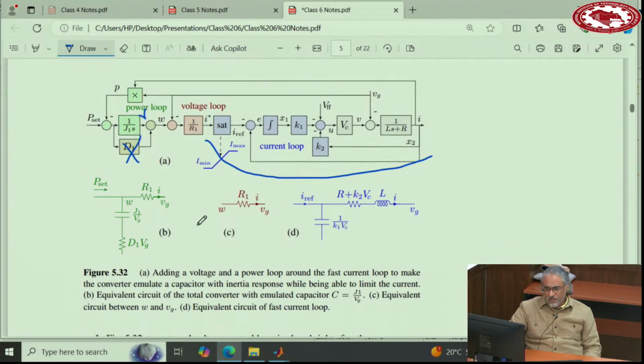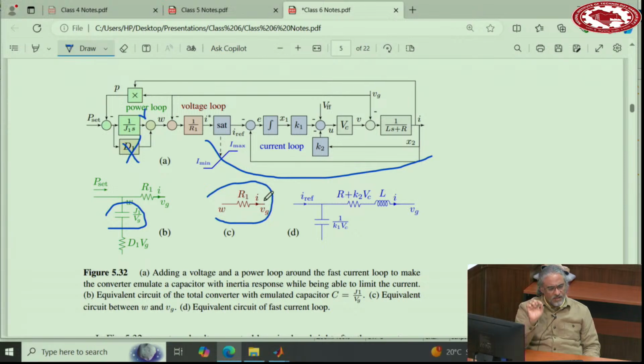So basically, if you look at the circuit representation of the same thing, and remember all of this is in the control. So P set comes here, minus P is going out, that goes through this capacitor. The amount of capacitor is J1 divided by Vg. And this part, the physical representation is W minus Vg is R1I.